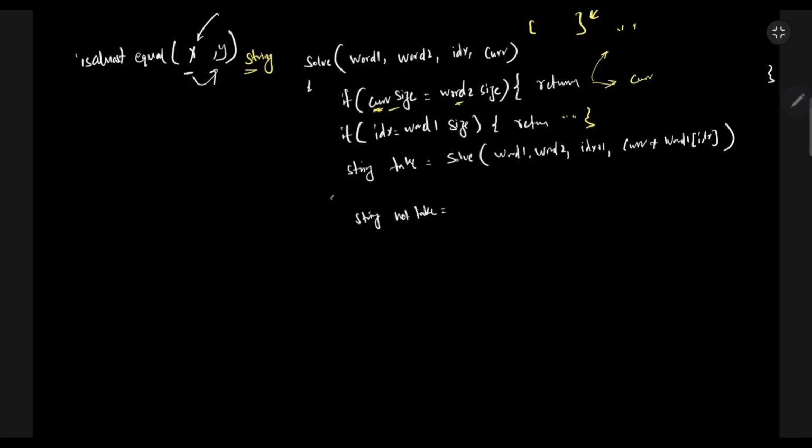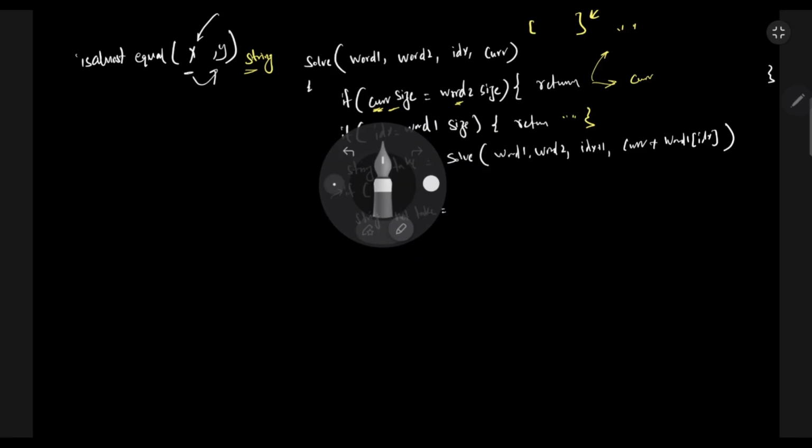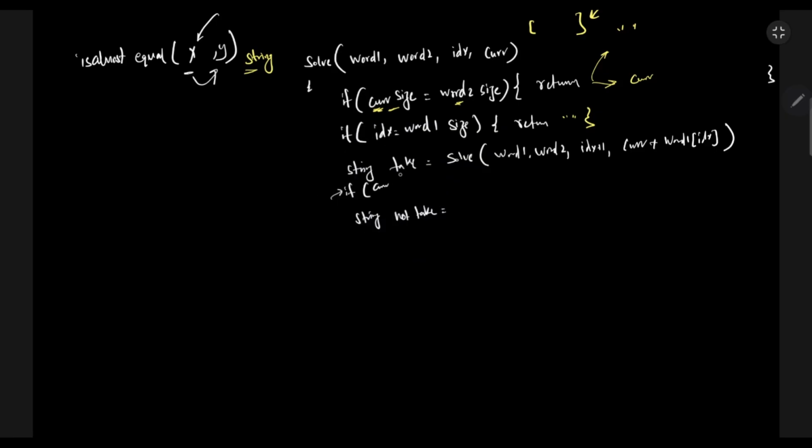Now here the thing is that if the current comma word2 are almost equal, then we will return the current sequence.